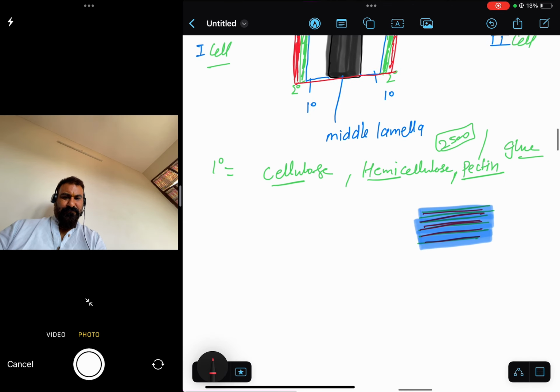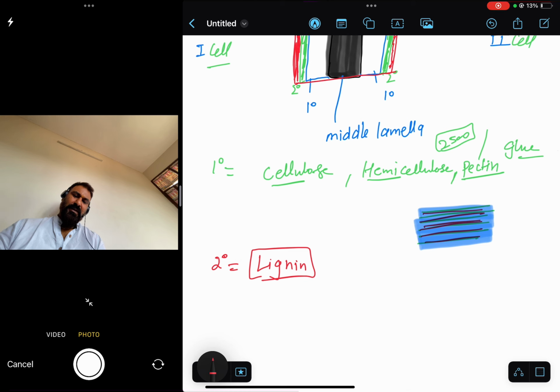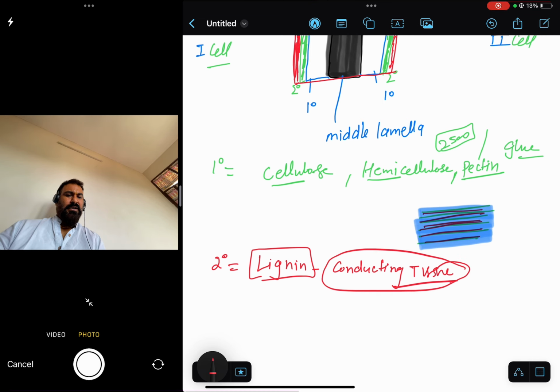In the secondary cell wall, lignin is produced. In the secondary cell wall, it is lignin, mostly in conducting tissues like xylem, most importantly in xylem.